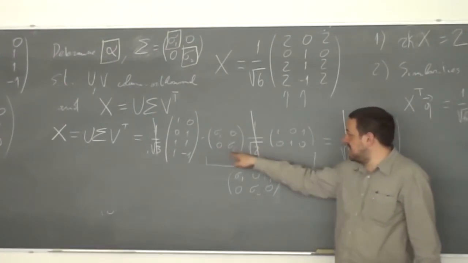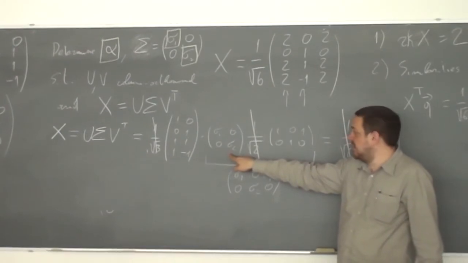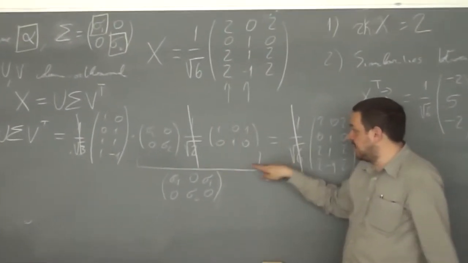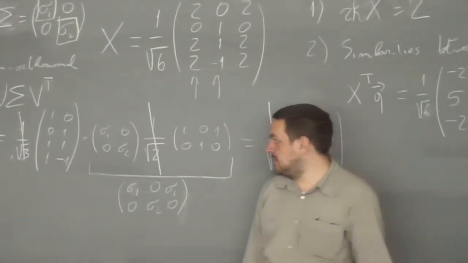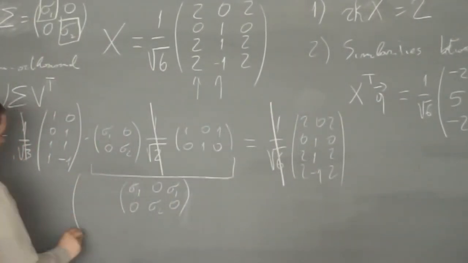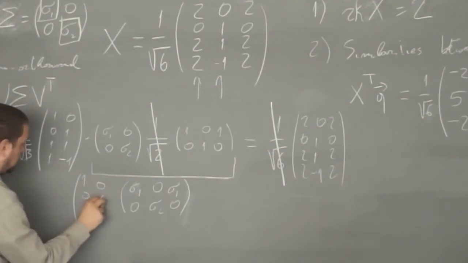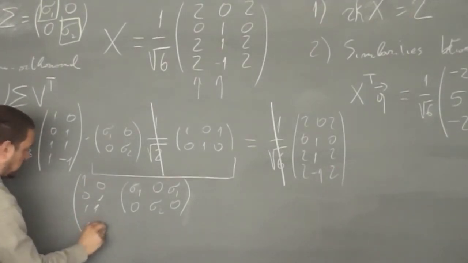Multiplying on the left by a diagonal matrix means you multiply every row of the matrix by a different value. This is 1, 0, 0, 1, 1, 1, 1, minus 1.